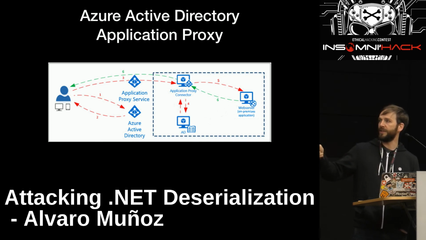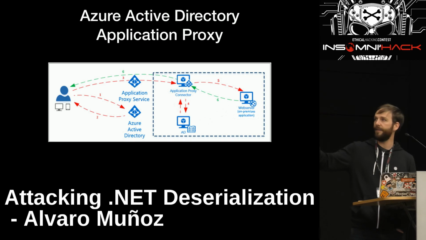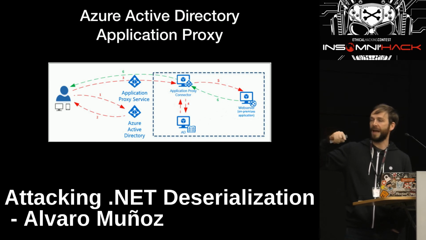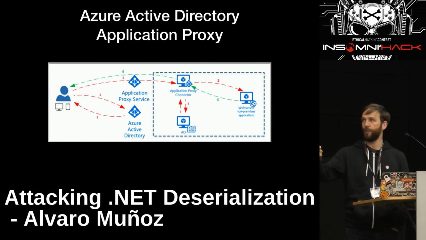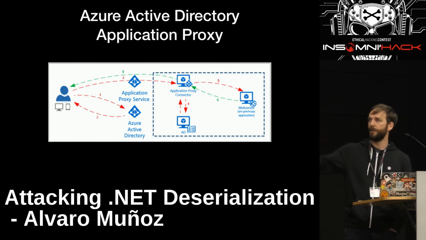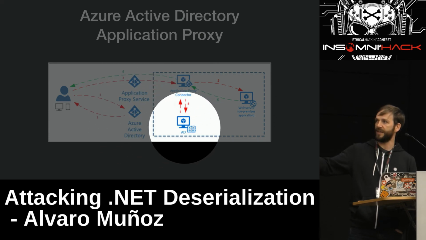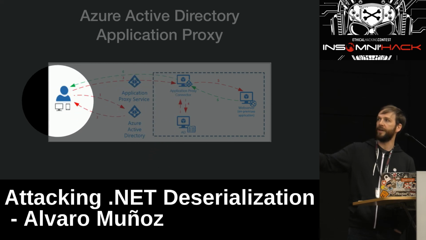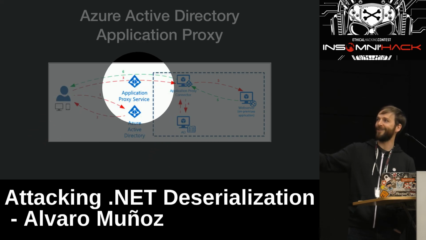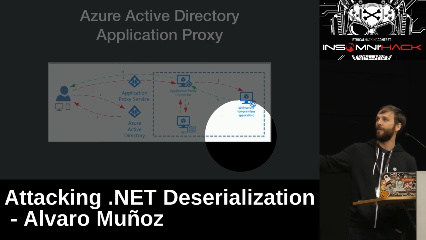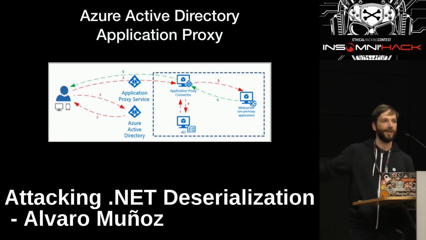That means that you will install a connector in your network, and then your employees will access a URL that is provided by Microsoft, and then they will be redirected to the Active Directory login that will check your credentials in your own Active Directory. And if everything is correct, you will be given a token that you will provide to the application proxy server, and then you will finally authenticate to the web application, right?